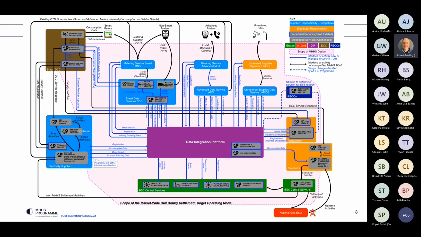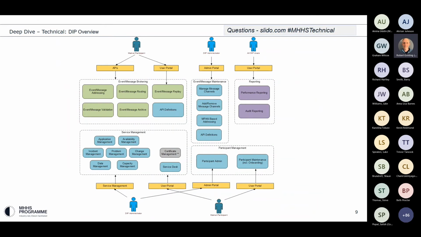So what is the DIP, you may well ask? This slide hopefully will give you an overview of the DIP. This is a service-oriented view of the DIP, comprising 5 different services. The first group of services are the core services that underpin all the rest, and they comprise the messaging components that are required.